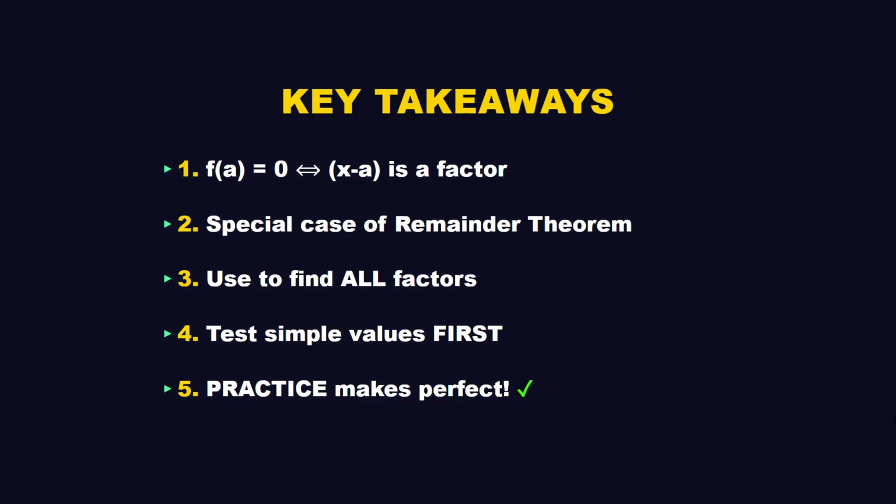Always test simple values as suggested before, plus or minus 1, plus or minus 2, plus or minus 3, and so on, because that saves time. And of course, practice is key. The more questions you practice, the faster your calculations become, and you develop better accuracy.